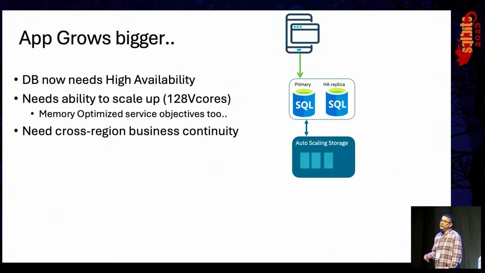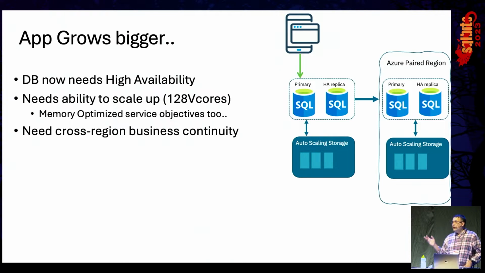We announced premium series for Hyperscale, where if you need more memory per core, we have a memory optimized option, which gives you double the memory per core at a price premium. And then we have cross-region continuity with GeoDR, right? So if you need regional resiliency for compliance and things of that nature, we have geo-replication that handles that to a region of choice.